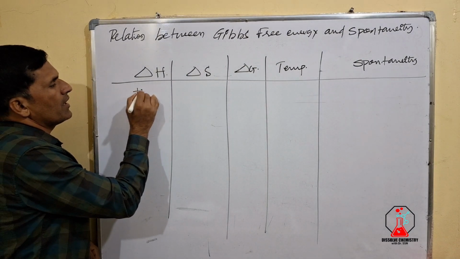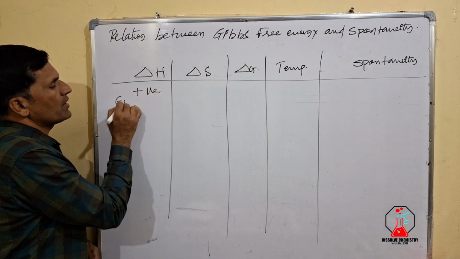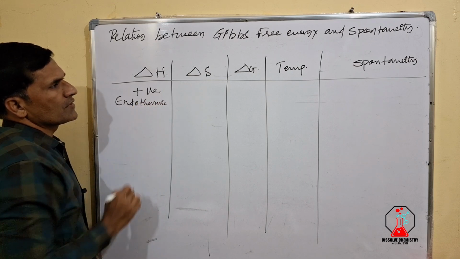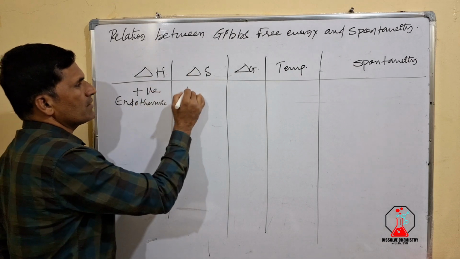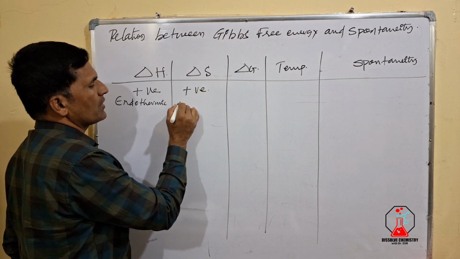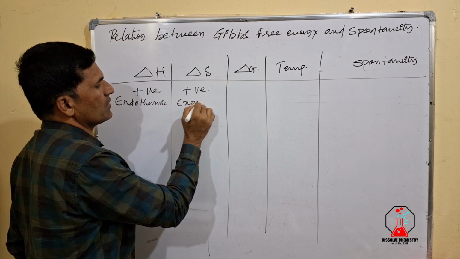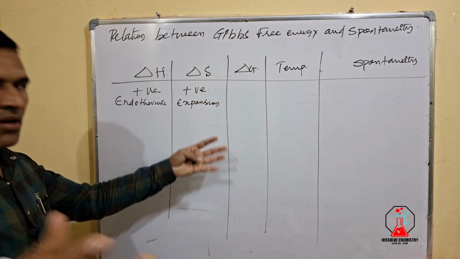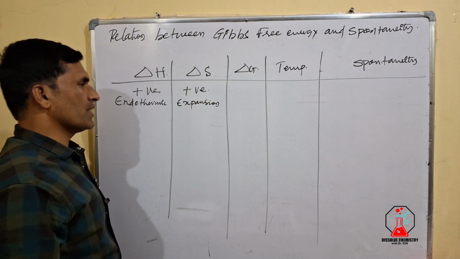When delta H is positive, the meaning is what? Endothermic. And delta S is also positive, meaning expansion. Your system is expanding by absorbing the energy.